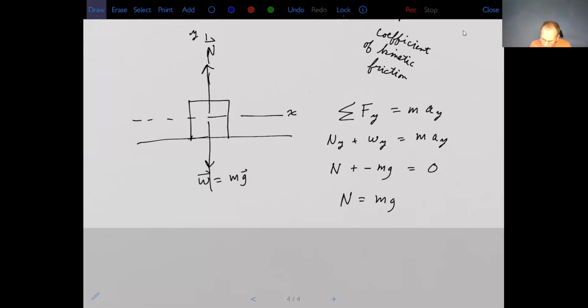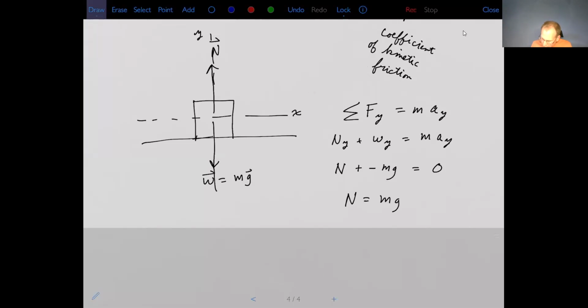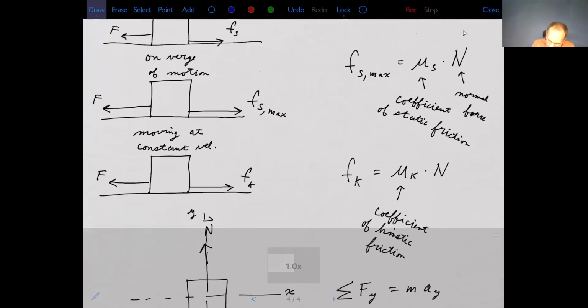All right, now which force is larger? The maximal static frictional force or the kinetic frictional force, which one is larger? Well, let me give you an everyday example.